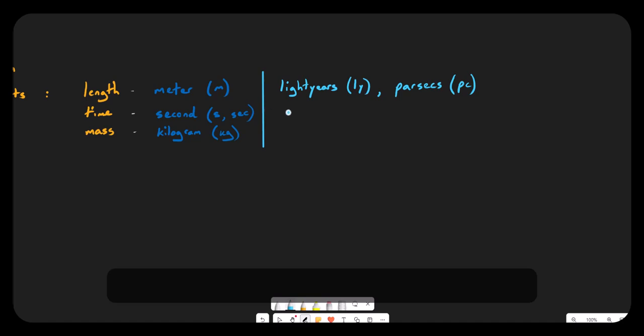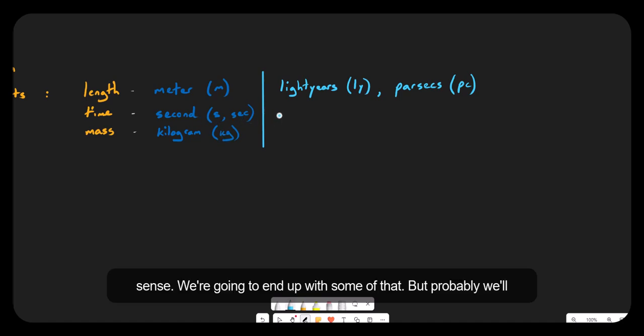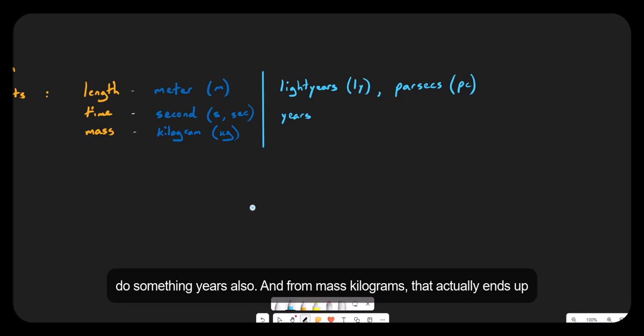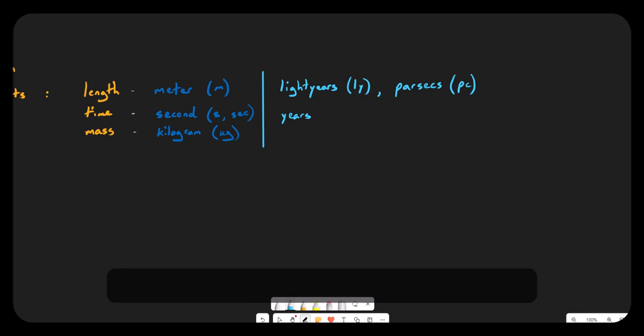For time, seconds makes sense. We're going to end up with some of that, but probably we'll do some in years also. And for mass, kilograms, that actually ends up being what we deal with. So SI units are over here, and these are extensions for convenience.